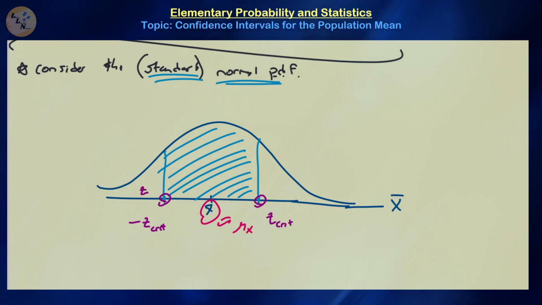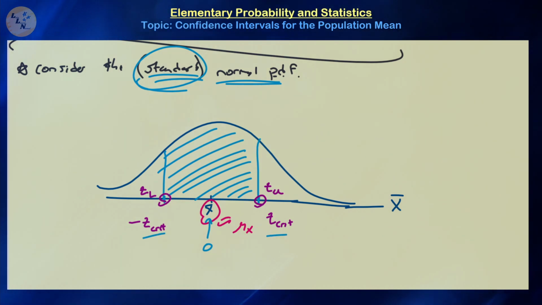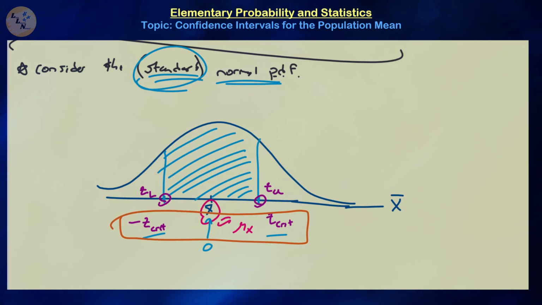Generally speaking, this is a lower boundary and this is an upper boundary in the case that you do not have symmetric confidence intervals. But generally speaking, if this middle point is 0, that means we're working in the standard normal spectrum. That means this value and that value are the same exact number, just opposite in sign. So let's take the simple scenario, the minus z crit to z crit value, such that this area is equal to c.